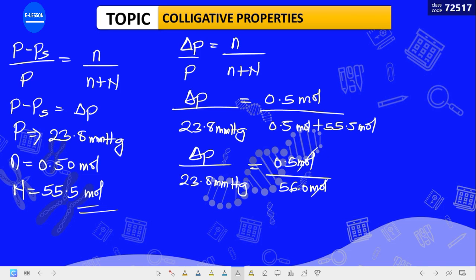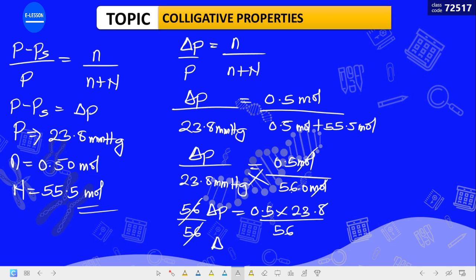Now we can do something by using this to multiply this. So this gives us 56 change in P, if we cross multiply, is equal to 0.5 times 23.8. Now, to get your answer, divide both sides by 56. When this cancels this, our change in P is equal to 0.5 times 23.8, that will give us 11.9 divided by 56.